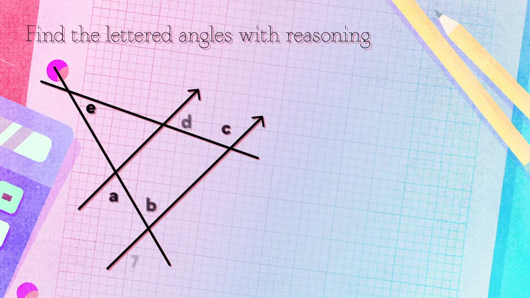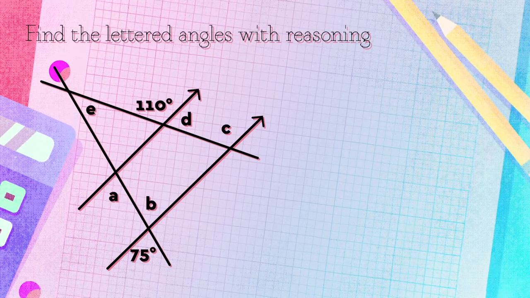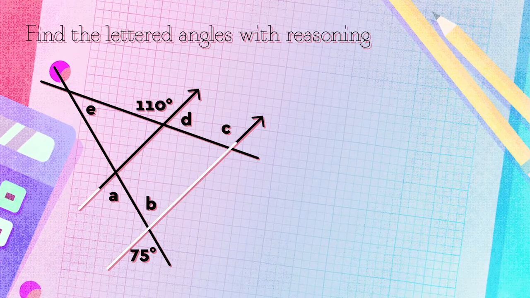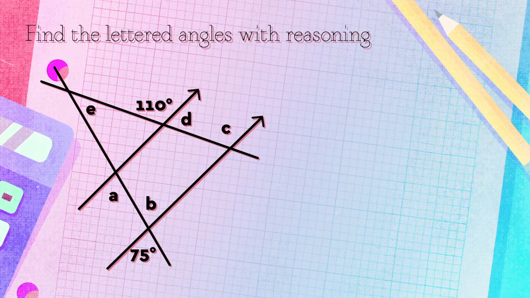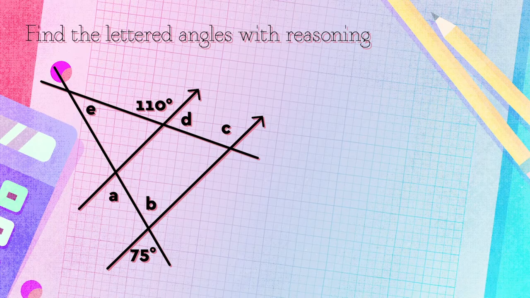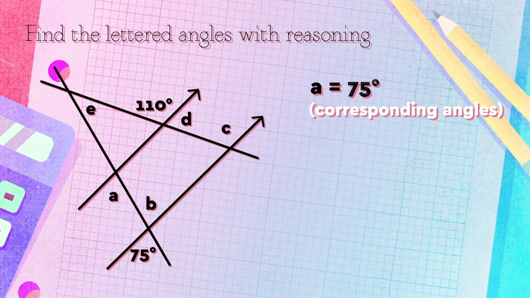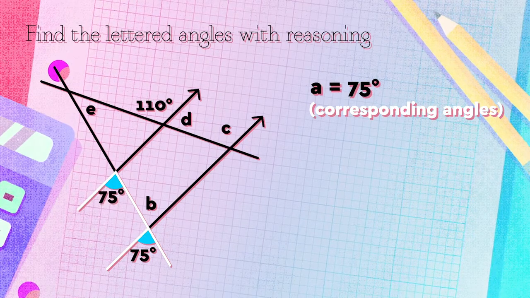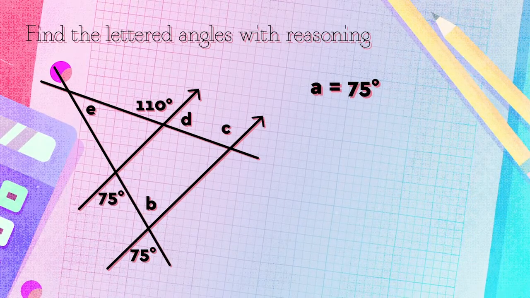The diagram shows certain information and asks us to find the lettered angles with reasons. It clearly includes two parallel lines that are easily identified by their arrows, and as such, we should be on the lookout for our special angles as noted above. Angle A is 75 degrees because we can see the reversed F shape, and our reason is corresponding angles are equal.